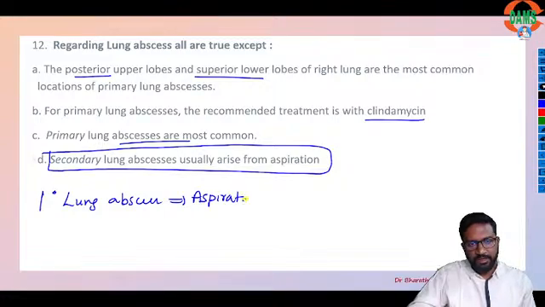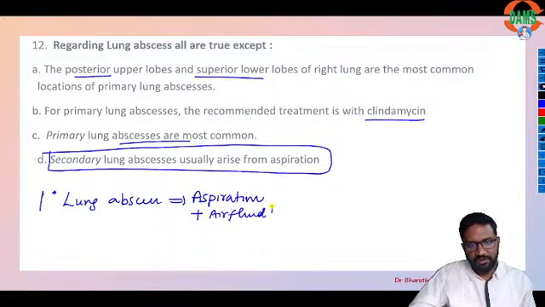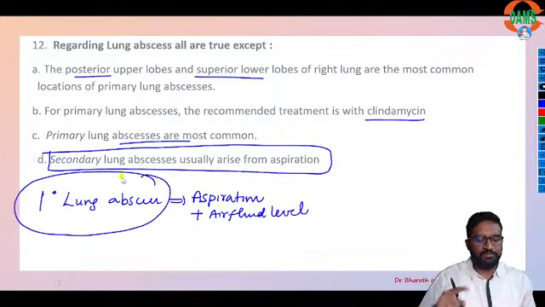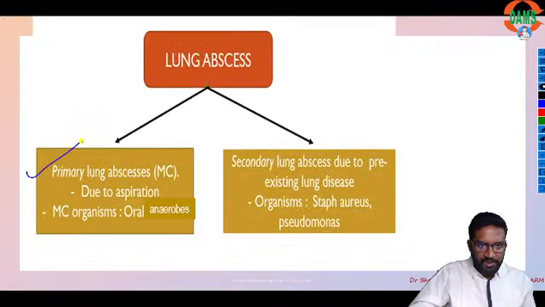And commonly they will also give you this. There is a patient with aspiration, lung abscess, air fluid level. What is your diagnosis? It is lung abscess. The question can be asked like this also. So primary lung abscess is due to aspiration.